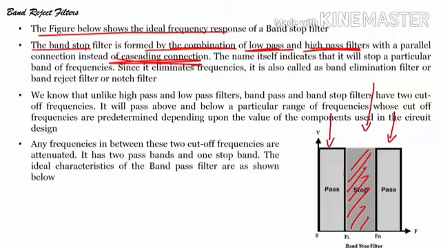The name itself indicates it will stop a particular band of frequency. Since it eliminates frequency, it is also called a band elimination filter, band reject filter or notch filter. It has a lot of names. What are the names?